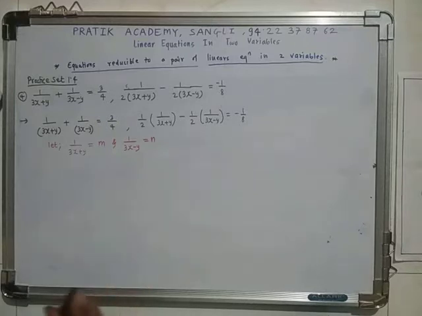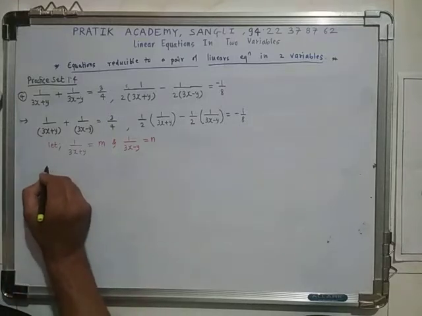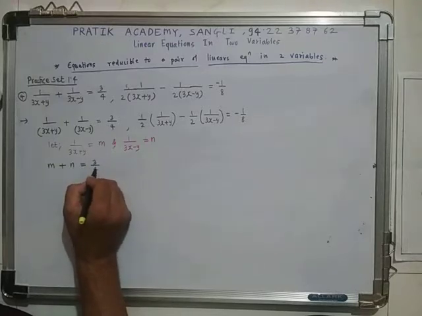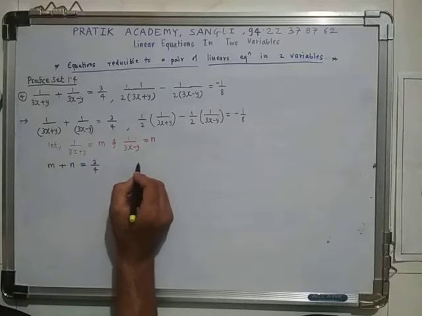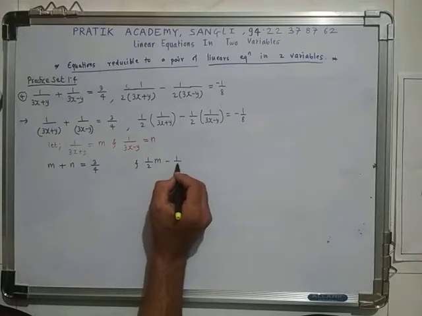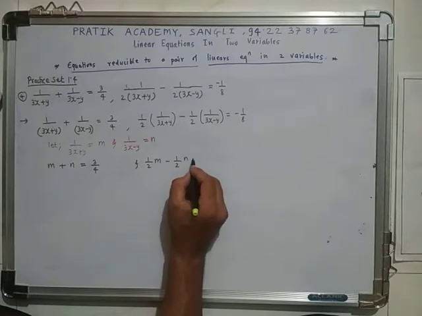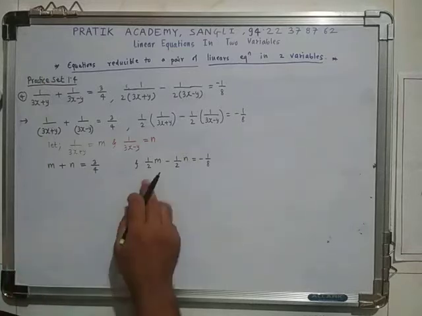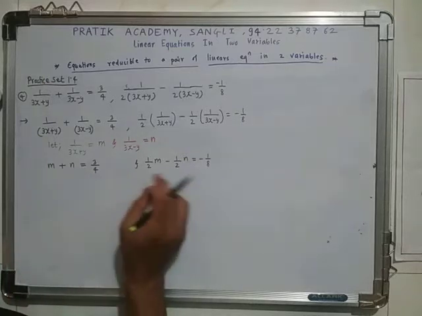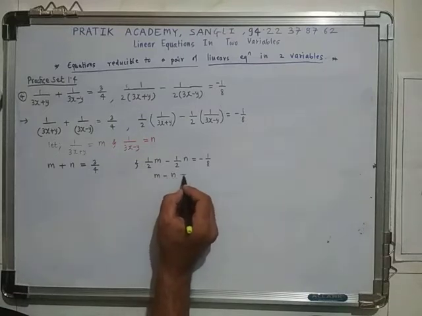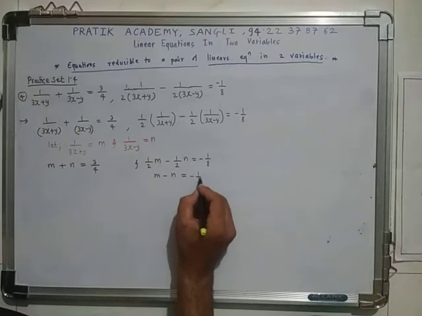So here this equation becomes simply m plus n is equal to 3 upon 4, and 1 upon 2 into m minus 1 upon 2 into n is equal to minus 1 upon 8. If we divide by 1 upon 2, this becomes m minus n is equal to minus 1 upon 4.